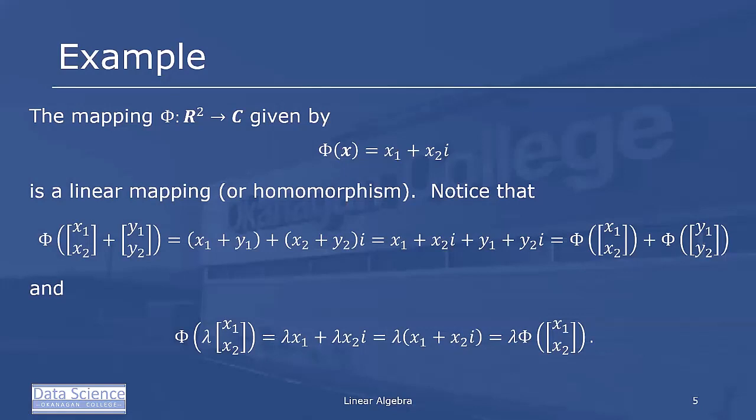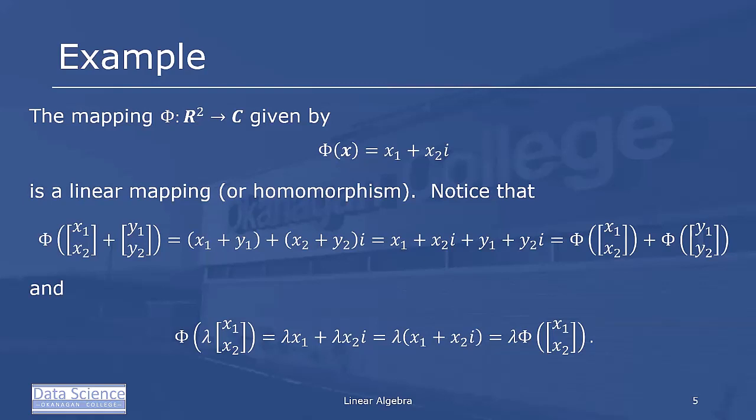An example of a linear mapping is given by the mapping phi from R2 into the complex numbers, given by phi of x is equal to x1 plus x2 i.